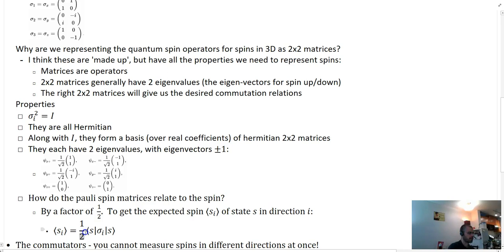Here's the 1/2 because they're spin 1/2 particles. That's the 1/2 factor in front. And here's our Pauli spin matrix. And if you break it down into eigenvalues, this is just summing over all the eigenvalues of the spin that you get if it's that eigenvalue.